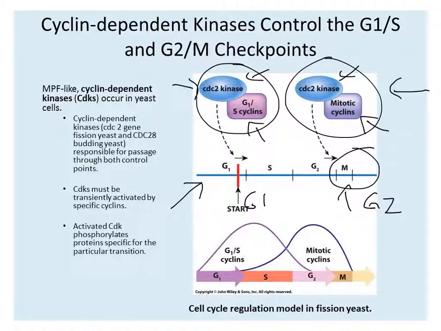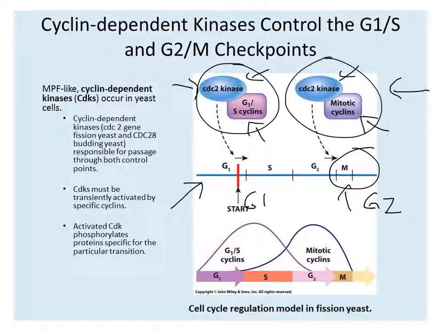So keep in mind, for a cell to progress through the cell cycle, sequentially going through all those key events to move into division, it requires activation of these kinases so that their activity helps trigger key events to move into the next events.